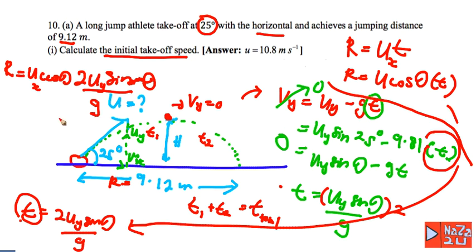So we have r here, and this is our final equation: r is equal to u squared divided by g, times 2 sine theta cos theta.